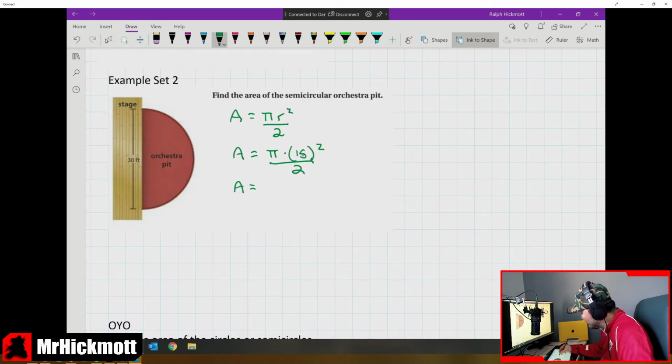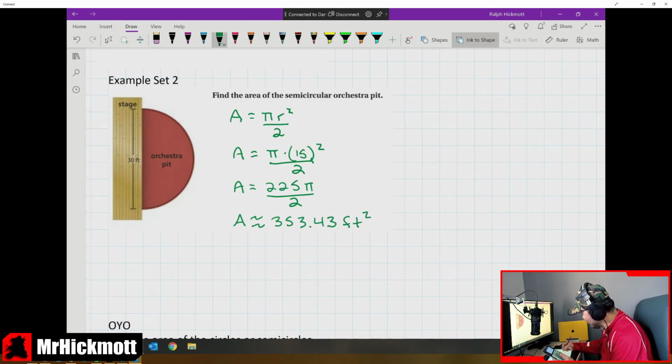So at the top, it's 15 squared, which is 225 pi over 2. As I'm continuing here, the next step, I would just use a calculator entirely. I'm going to go 225 times the pi key, then divide by 2, and it comes out to be approximately 353.429, which I will round to 353.43, and it is in feet squared.